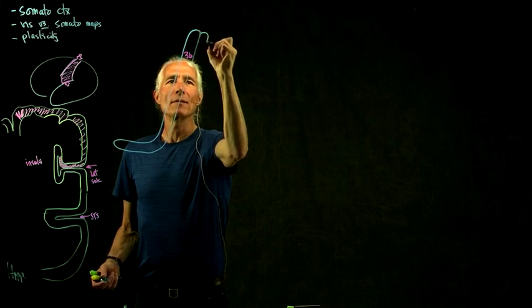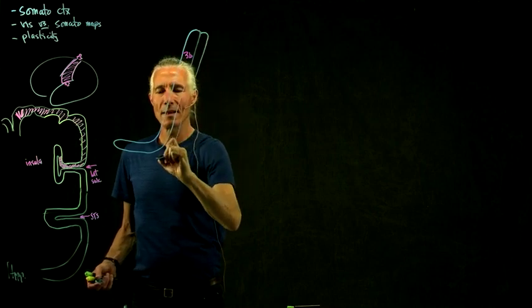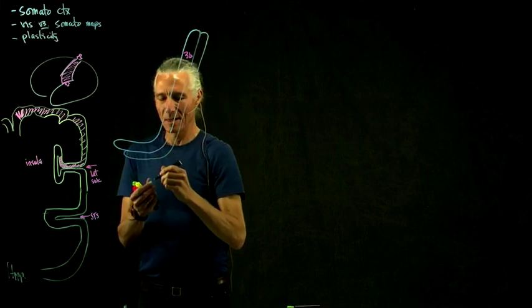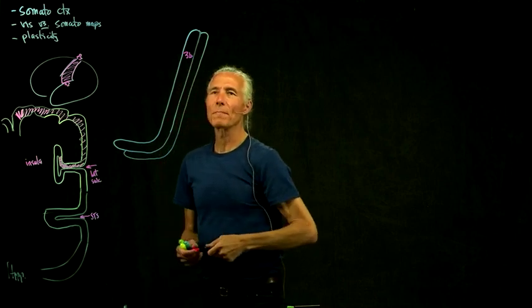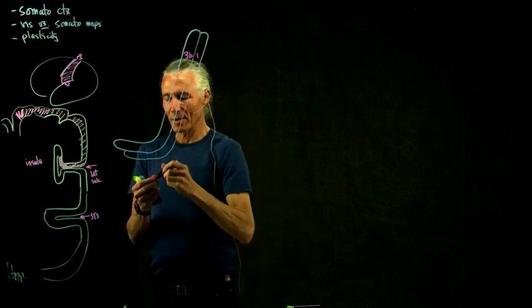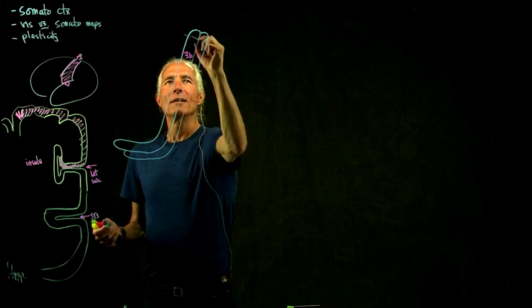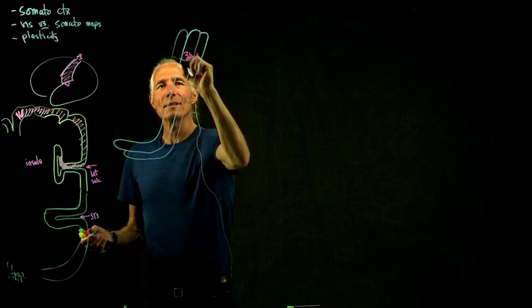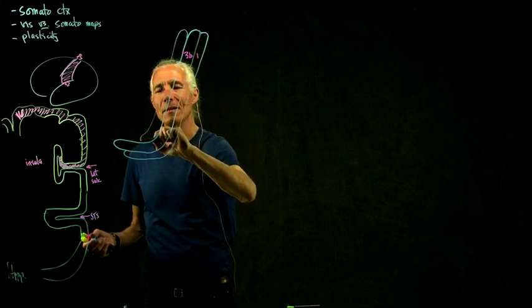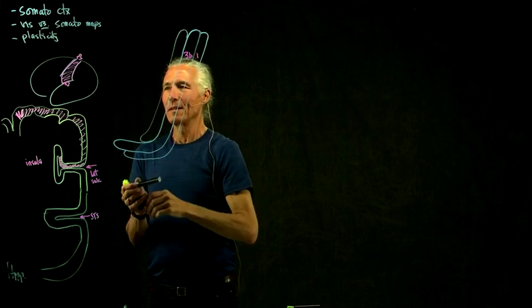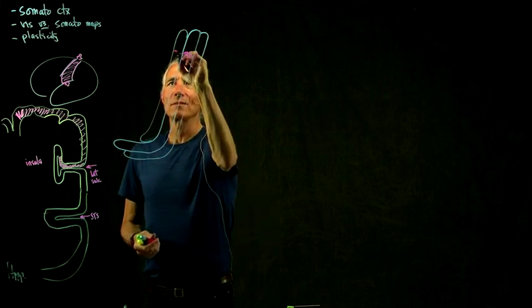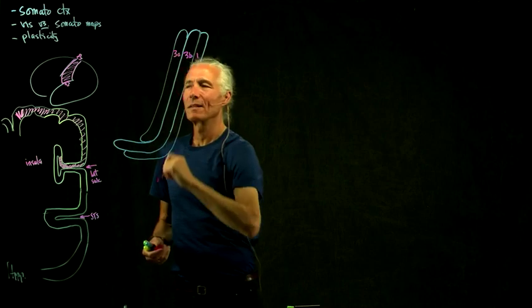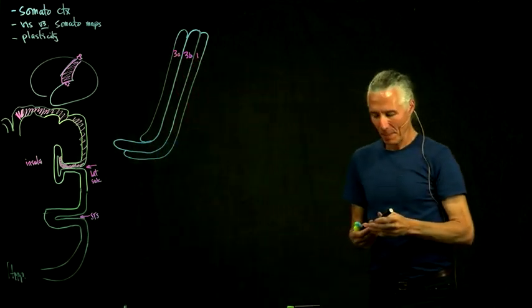And there's another area behind it called area 1. That looks like another little thin strip. And there's an area in front of it called area 3A. That wasn't even a distinction that Brodmann made. So afterwards they subdivided it into area 3A and 3B.